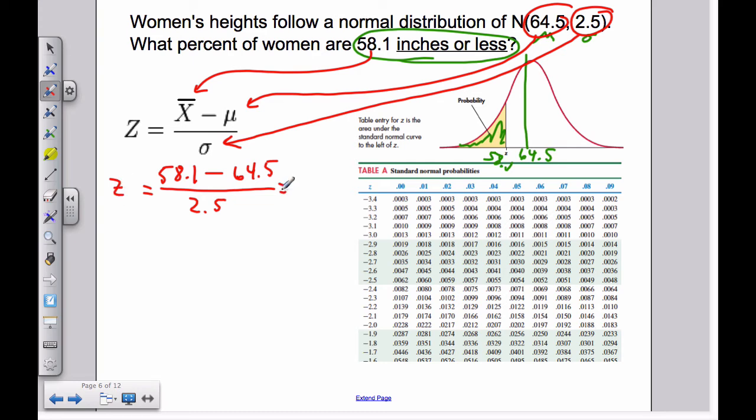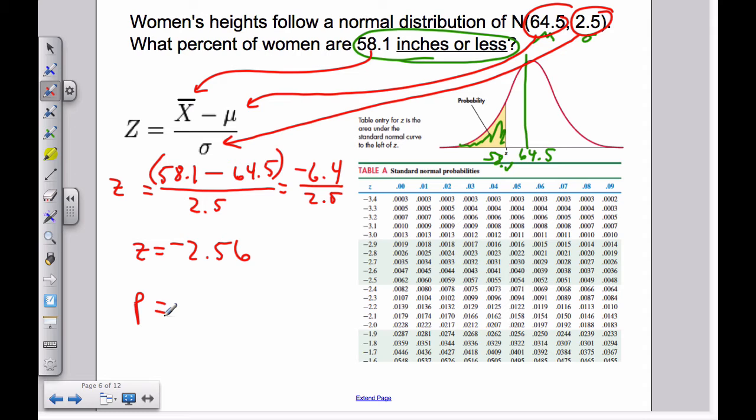Mathematically, I would do the top first on your calculator, and you get negative 6.4 divided by the 2.5 from the bottom, and you end up with a z-score of negative 2.56.